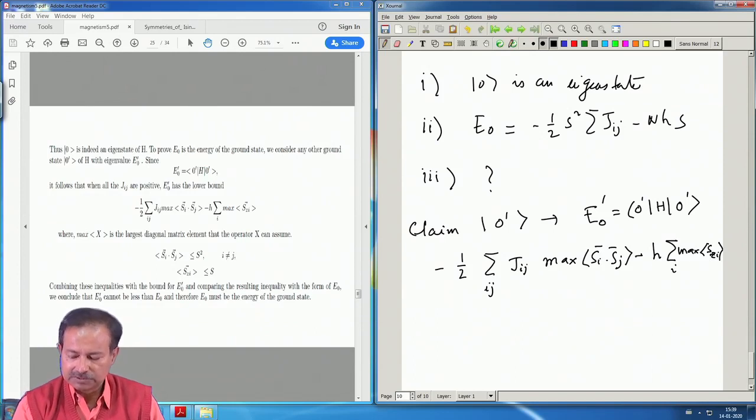This is the lowest energy you can have, because it is the maximum value of this with a minus sign, and the maximum value of this with a minus sign.